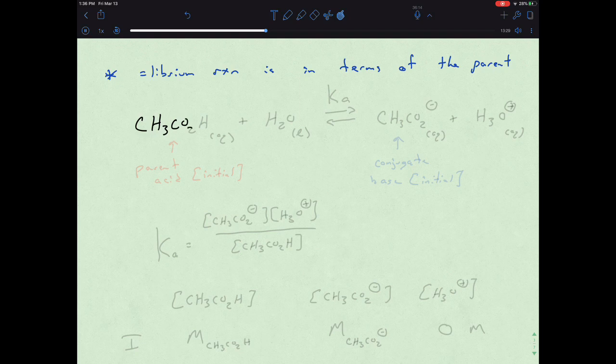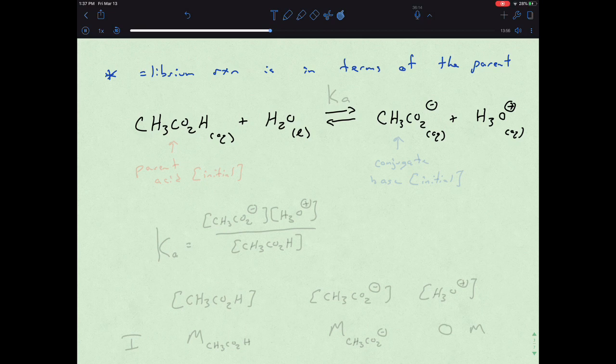So I have my parent acid, the acetic acid, on the starting material side. I have it reacting with water, which we've seen many times in chapter 16. We have an equilibrium process that then produces our acetate, but we already have that initially, and also hydronium ions. So it's very much in terms of how the parent would react.